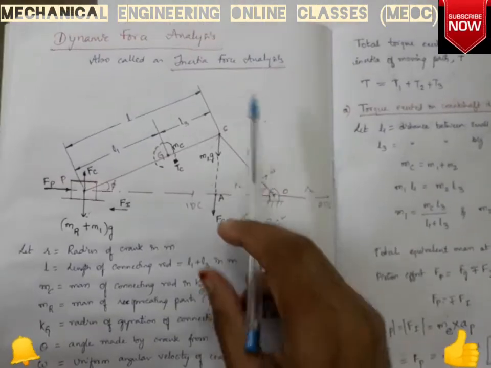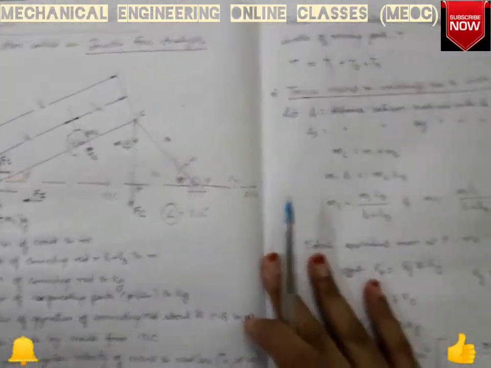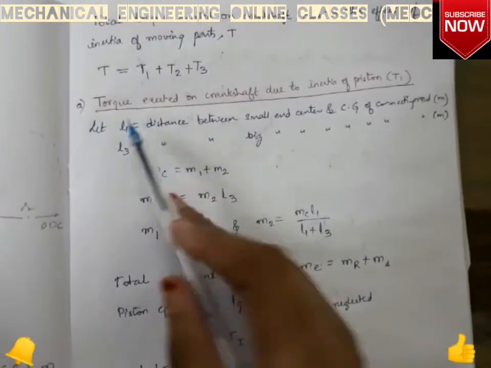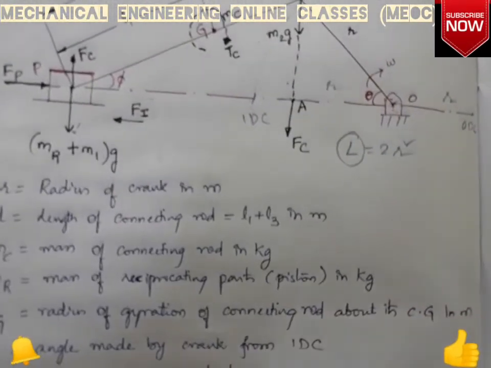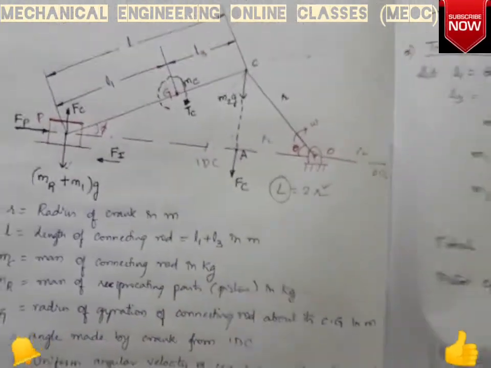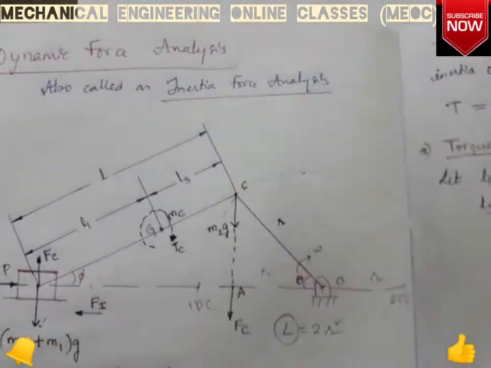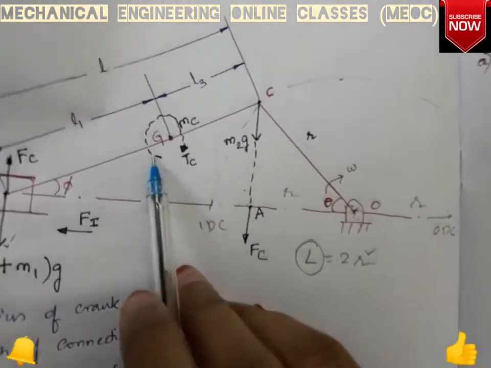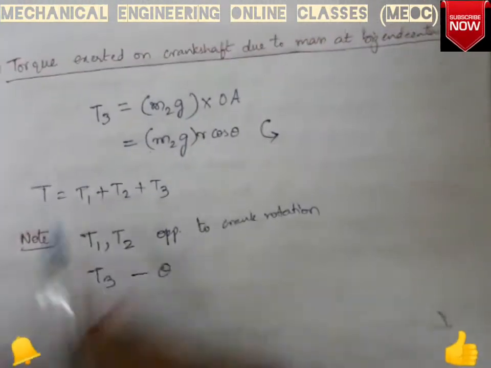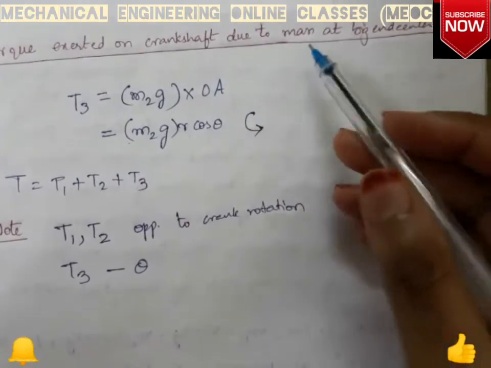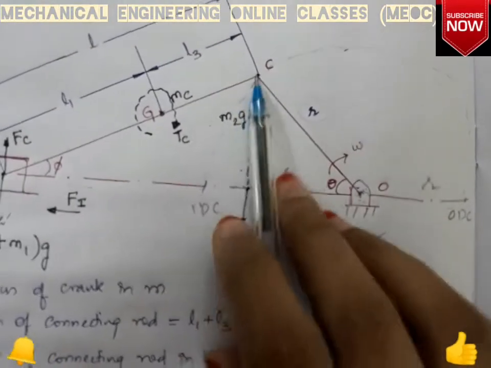In the previous video on dynamic force analysis using the analytical method, we found the total torque T as a summation of the torque exerted on the crankshaft due to inertia of the piston, which is Fi, the torque exerted on the crankshaft due to the correction couple TC, which is given so as to make the non-dynamically equivalent system a dynamically equivalent system, and the third torque, the torque exerted on the crankshaft due to the mass at the big end center, which is mass M2.